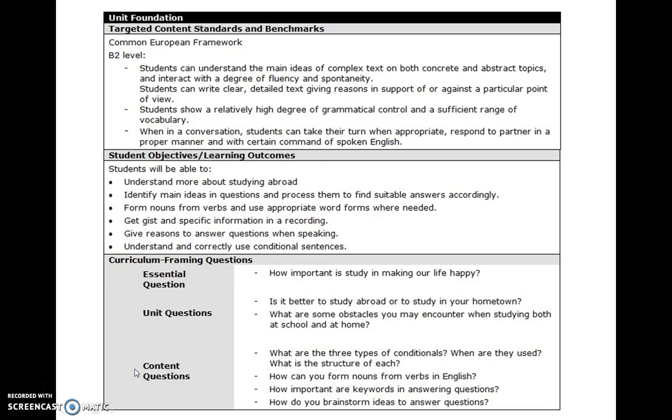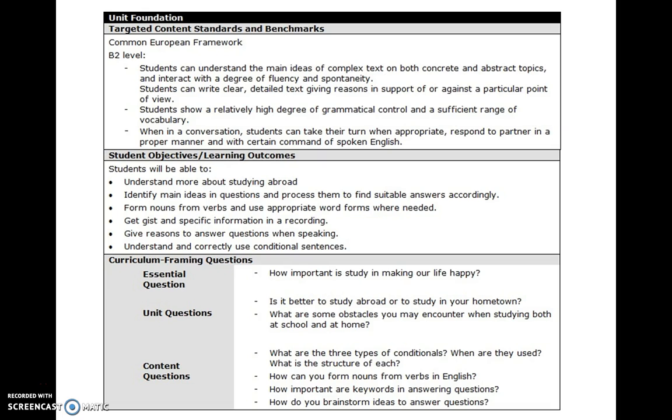The unit foundation contains 3 main parts. The first part is the targeted content standards and benchmarks. The FCE is actually for B2 level, so this unit is also for B2 level. Students can understand the main ideas of complex texts on both concrete and abstract topics and interact with a degree of fluency and spontaneity.